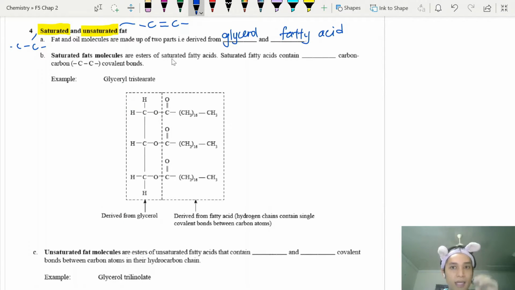For unsaturated fat, in the carbon chain you will be able to see a double bond. Saturated fats contain single carbon-carbon covalent bonds. There's no double bond in the fatty acid. That is what we call saturated fats.